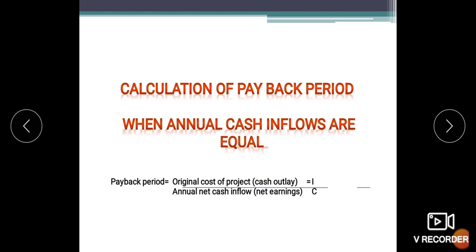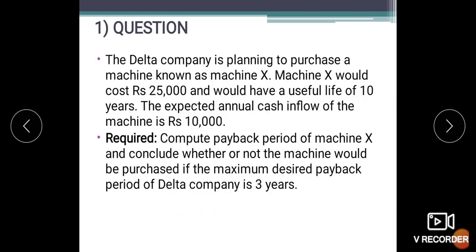The formula to calculate payback period when cash inflows are equal is the original cost or the initial investment of the project, denoted by I, divided by annual net cash inflow or the net earnings, which is denoted by C. So once again, remember the formula: payback period is equal to the original cost of the project divided by annual net cash inflow.